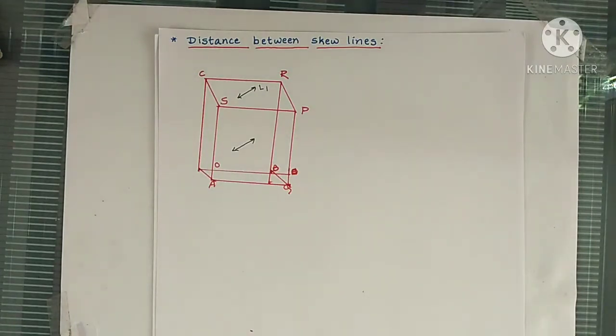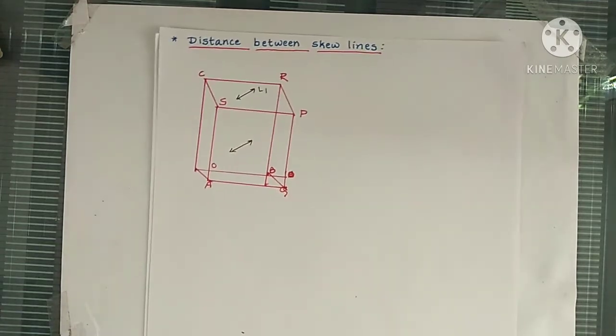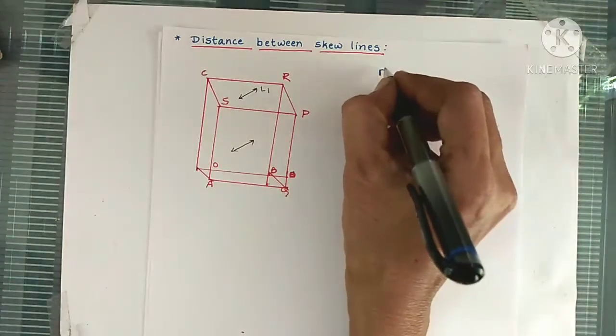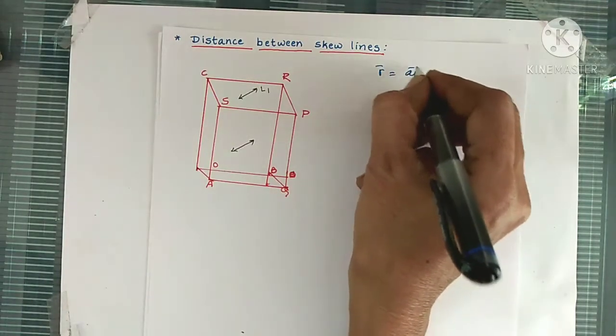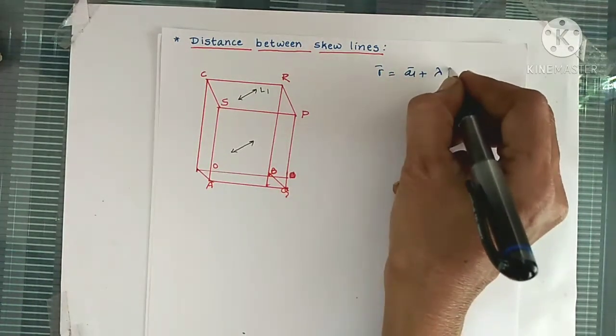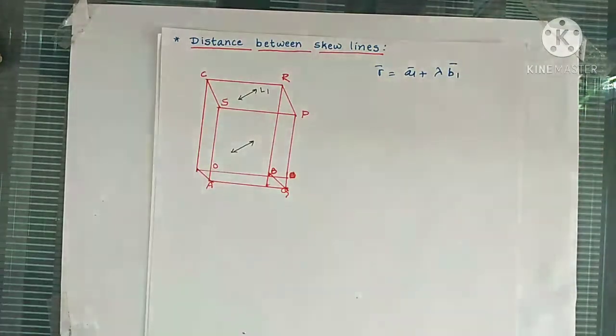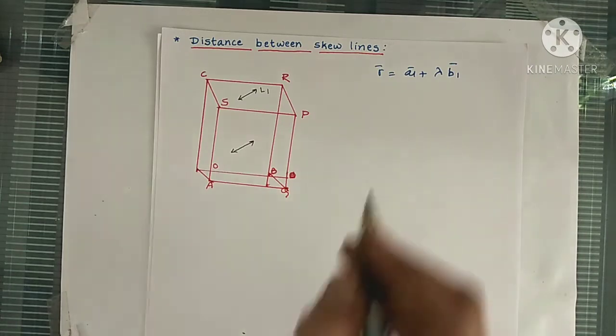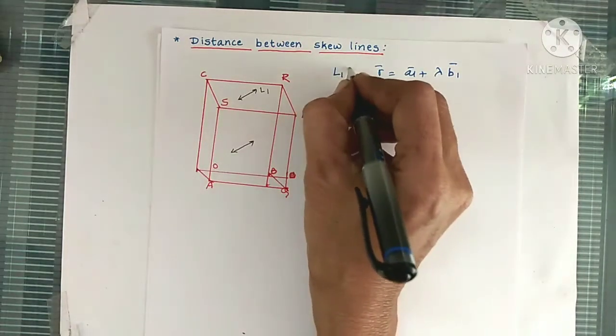So for that, let's consider two skew lines. Let their equations in vector form be r bar is equal to a1 bar plus lambda b1 bar. So that is the equation of the first line, let this be L1.